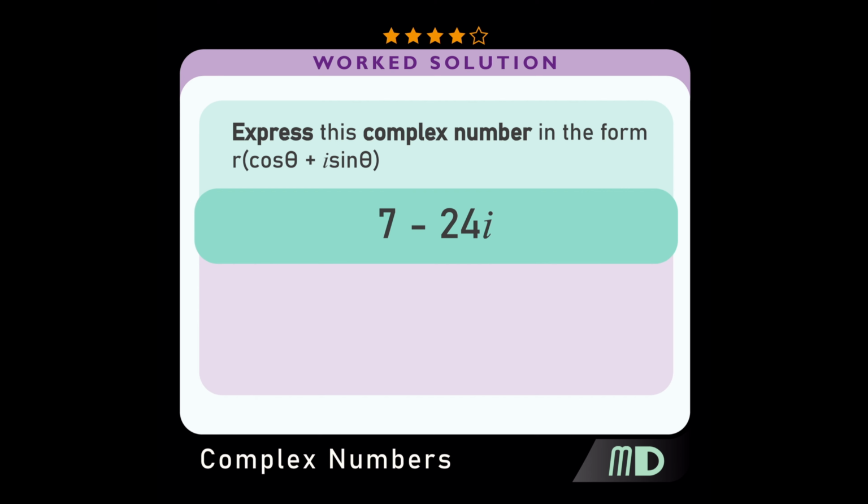The modulus of a complex number is the magnitude or distance from the origin to the point representing the complex number on an Argand diagram, and is derived from Pythagoras' theorem. The modulus is a positive real number.